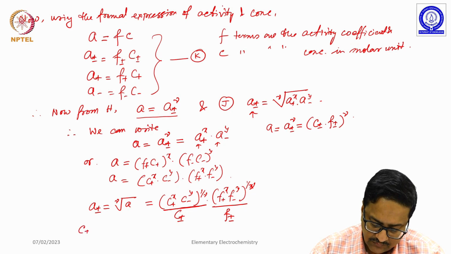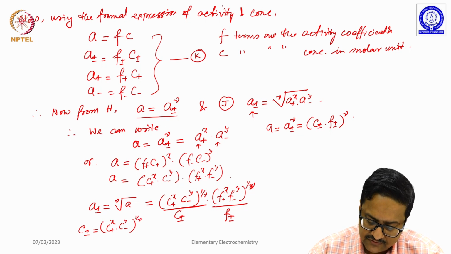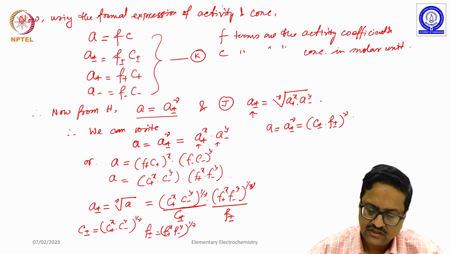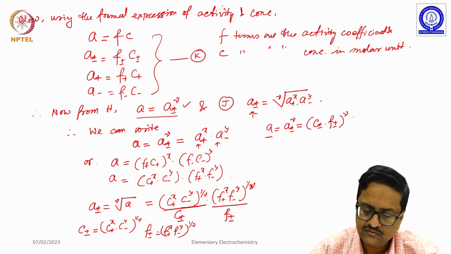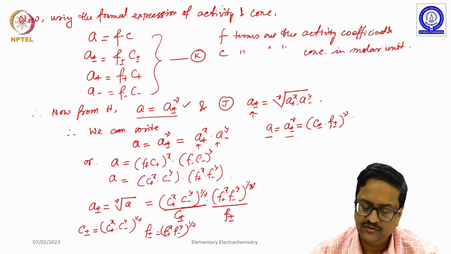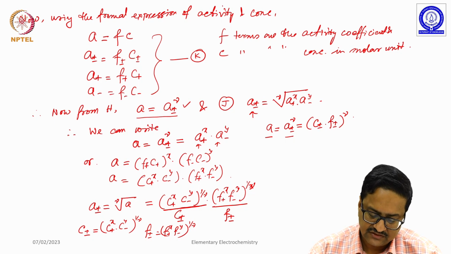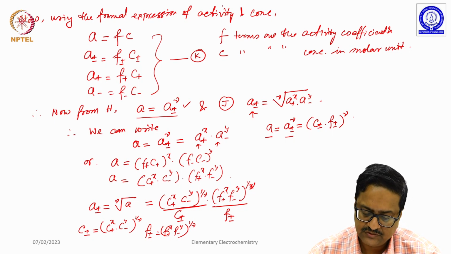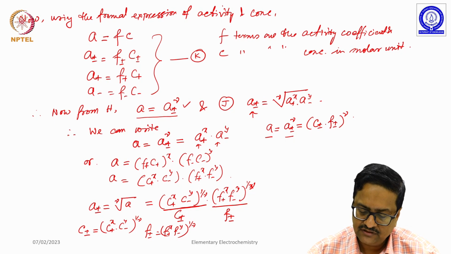We should write c plus minus equal to c plus to the power x, c minus to the power y, to the power 1 by nu, and f plus minus is equal to f plus to the power x, f minus to the power y, to the power 1 by nu. So now we are using this equation A equal to A plus minus to the power nu, and A plus minus is nothing but this, which is c plus minus and f plus minus.